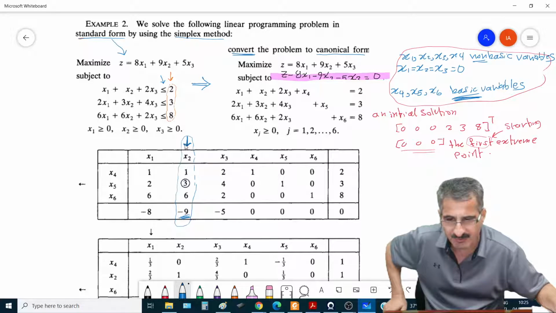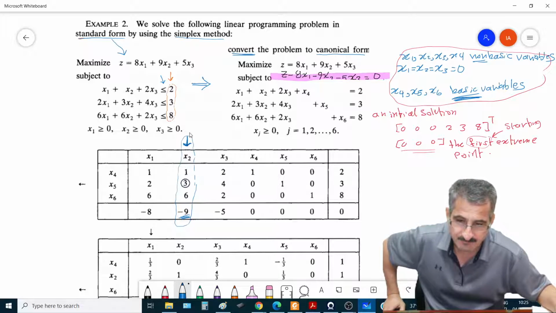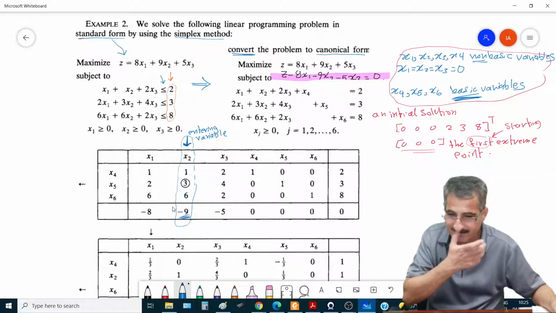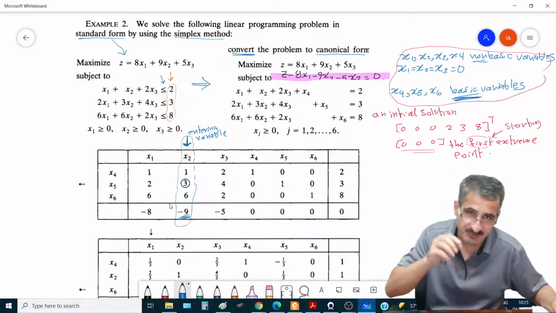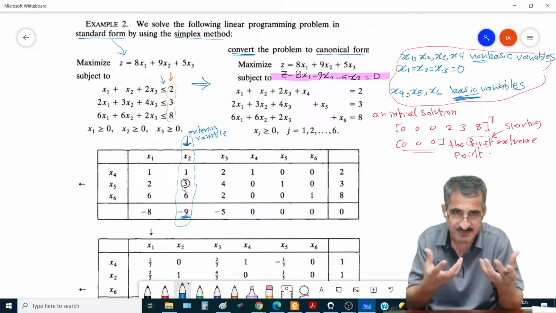This is called the entering variable, or entering column. So why did I choose it? Because the smallest in the objective function is here. So I will take this column. If we have two numbers that are equal and they are the smallest, we choose one.